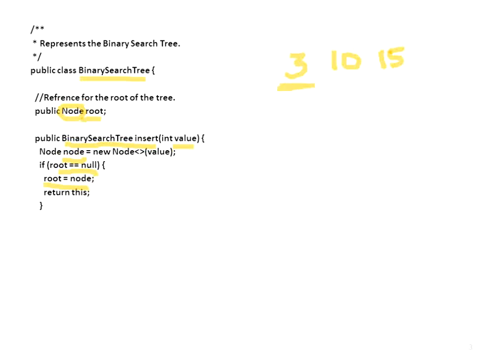So this node will be treated as the root node, isn't it? Yes. So this will become the root node. That's why we have root is equal to node if root is equal to null.